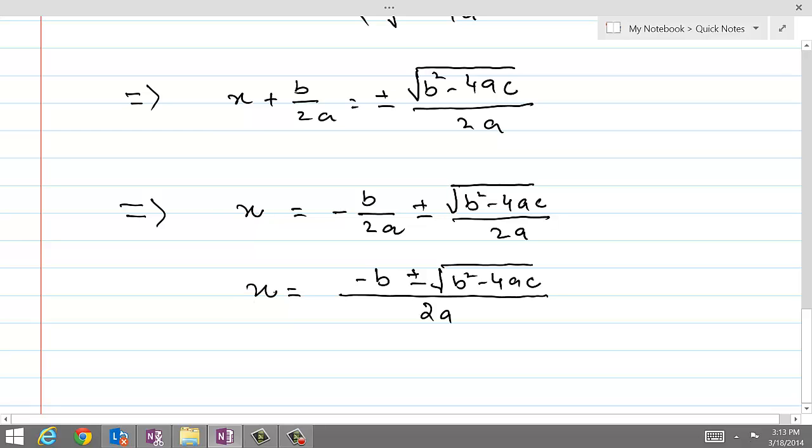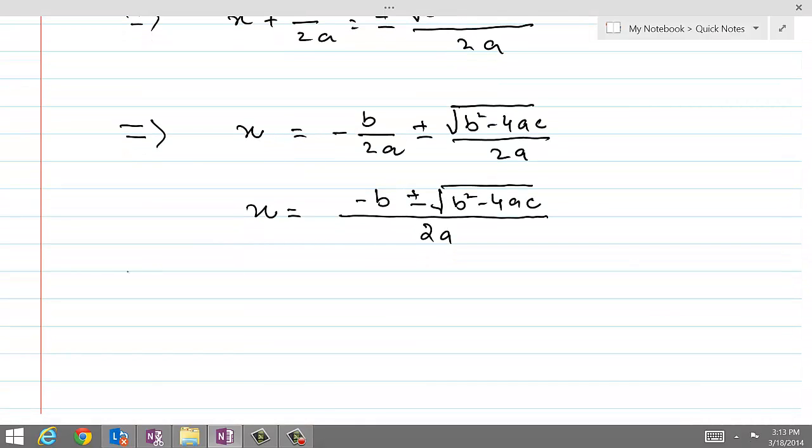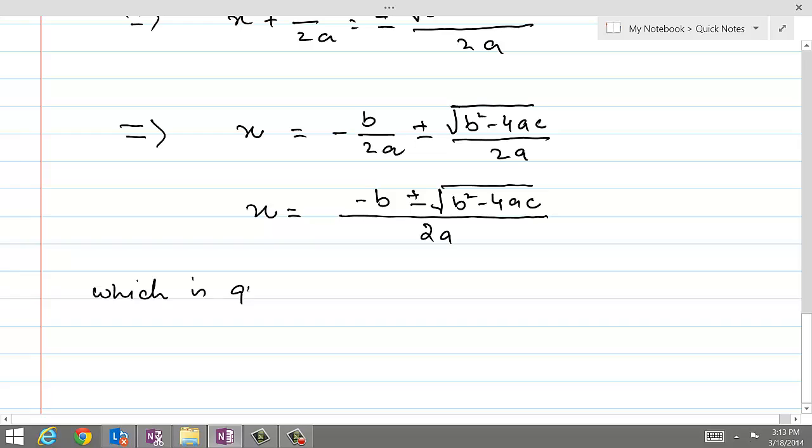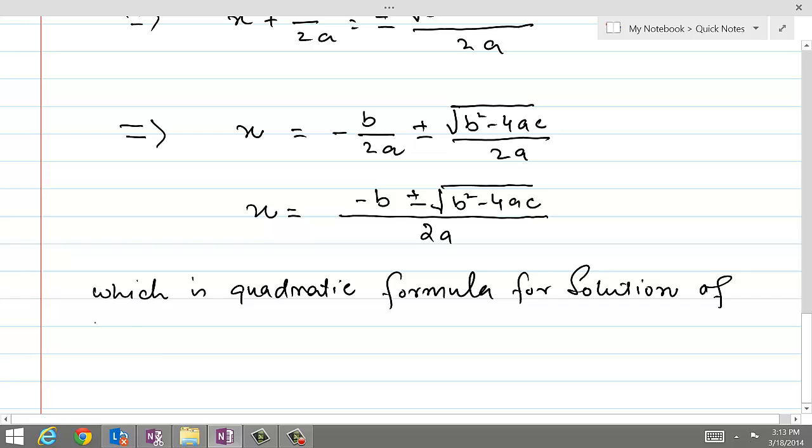This is equal to x, and this is what is called the quadratic formula for solution of general quadratic equations.